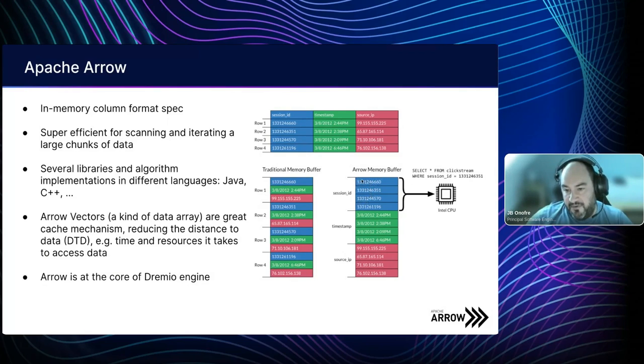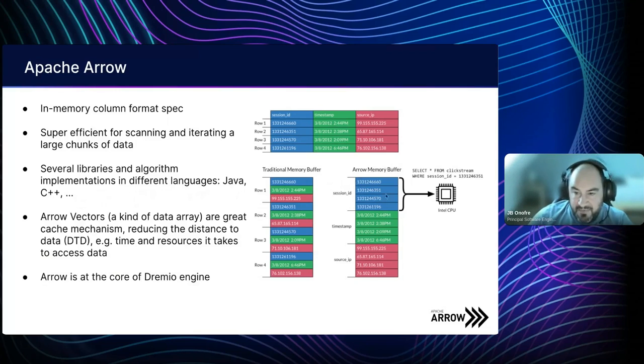So you can see that for all rows, I have everything gathered in a column. So session ID gathers all the session IDs for all rows. So this is the spec, and you have different implementations and libraries that implement the spec. So you have Arrow in Java, in C++, etc.